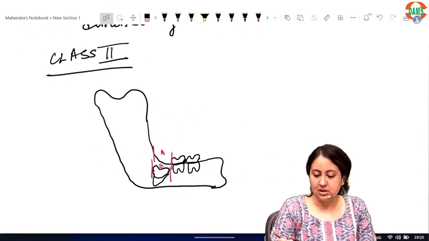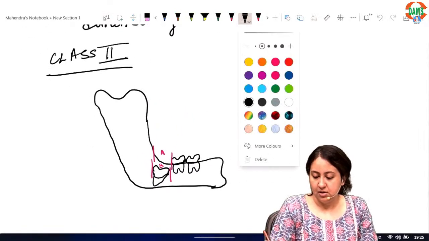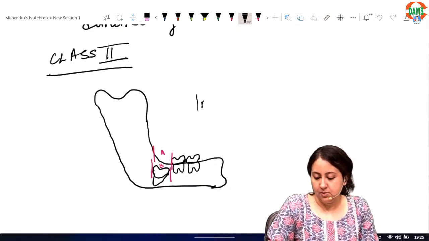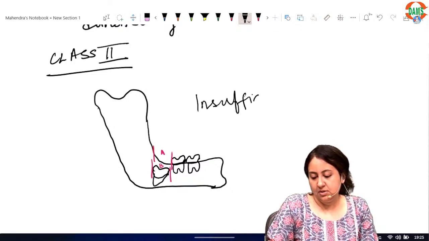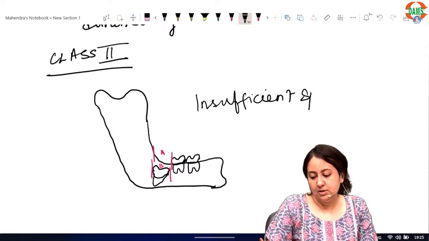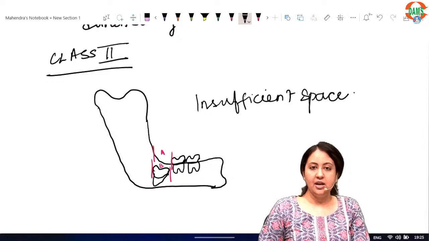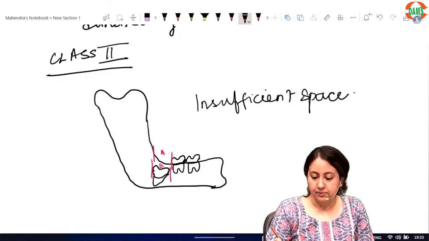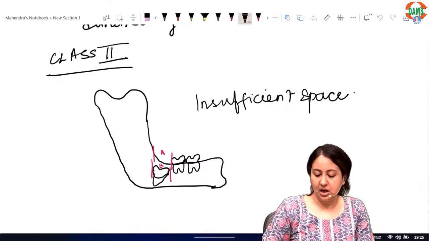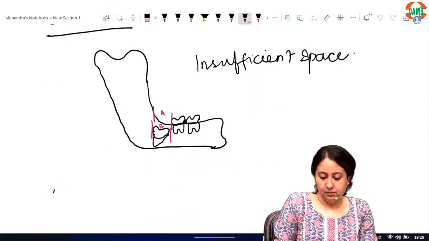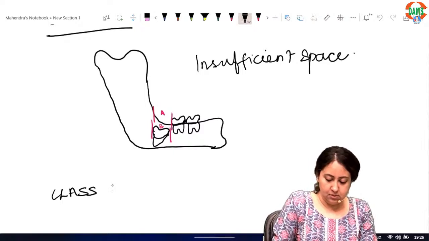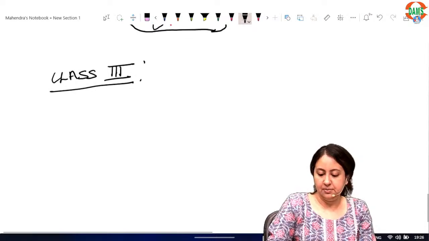So this becomes class 2, which is insufficient space. Okay. Now we will have a look at class 3.